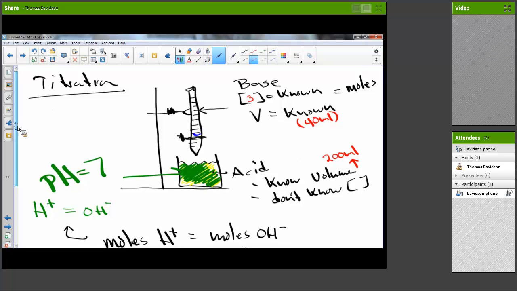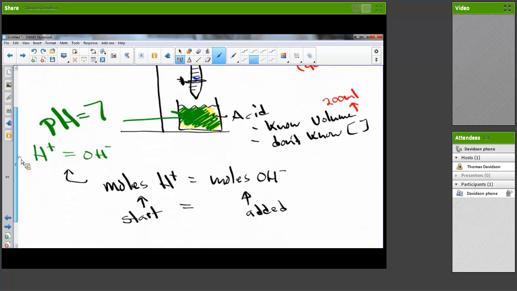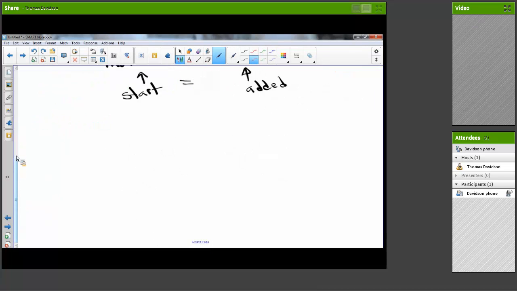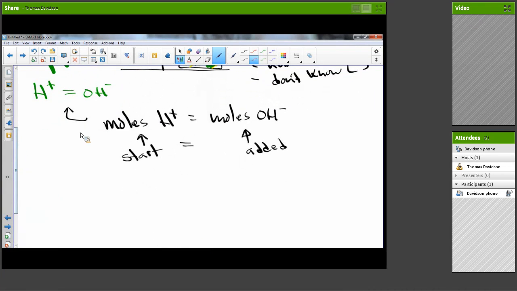So, based on 3 and 40, I can find the moles of my base right here, because moles is equal to volume times concentration. So what was my volume of base I added? 40. And I'm going to start doing it in liters because I have to, because molarity is in liters, right? So I had 0.04 liters.